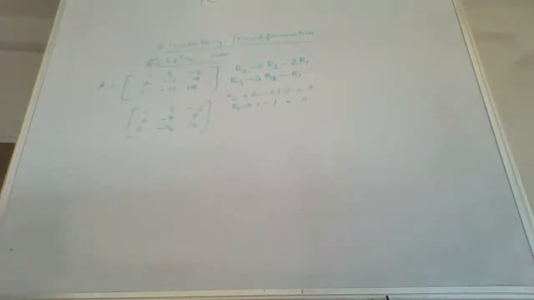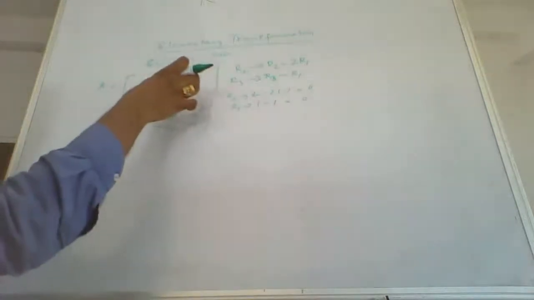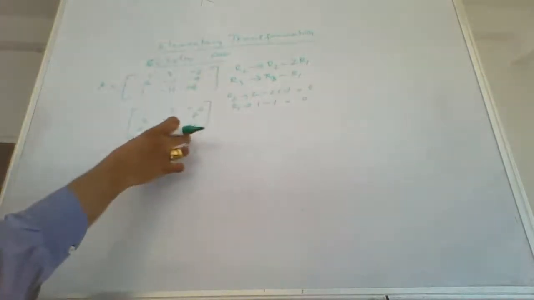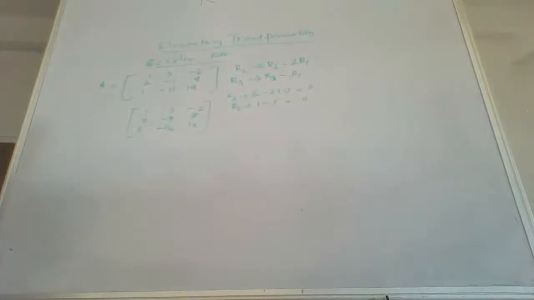So this is what row operations I'll be doing. Now the given matrix has been transformed into a new one using row operations on row 2 and row 3. I hope you understood this.